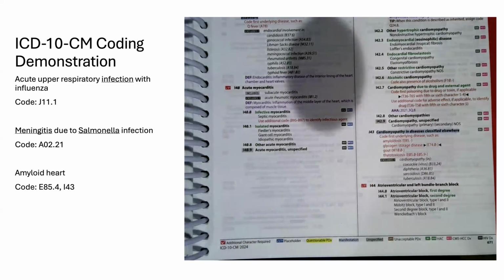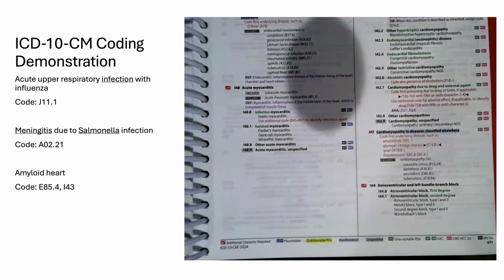Now, get into the habit of writing your codes out so that you can tell your letters and your numbers. That was one of the tips today. And also with ICD-10-CM, a lot of times when you use encoders and they're showing you the codes, they tend to not show the decimal point because they're going to be dropping codes directly into the hospital's payment system.